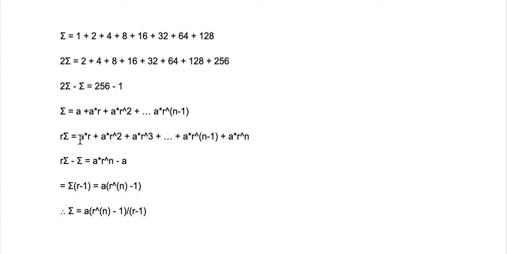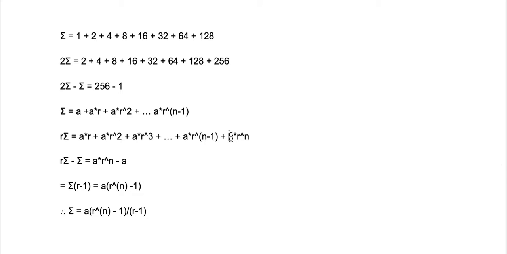Now let's find the difference between r sigma and sigma. Like here, you can compare. It's the same thing, but we're just substituting this 2 in for the common ratio denoted as r. So if we do that, let's eliminate like terms. So a times r we eliminate this. This number is in between here, so we would just eliminate this, right? We eliminate these, okay?